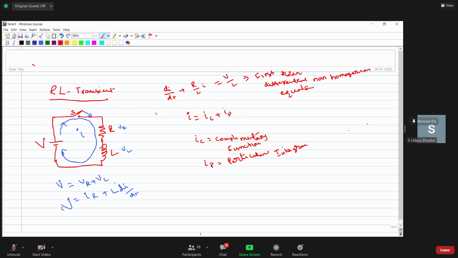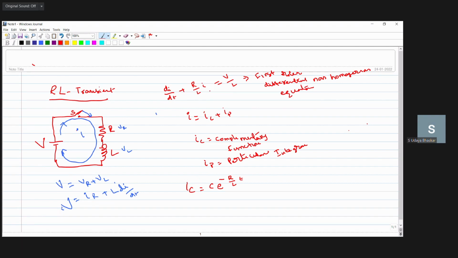Okay, so I don't want to explain how we are getting this IC and IP. Directly, I can write here. I think all of you know this from first year, so I can write IC is equal to P into e to the power of minus R by L into t.